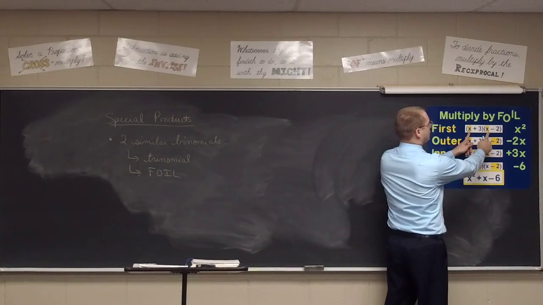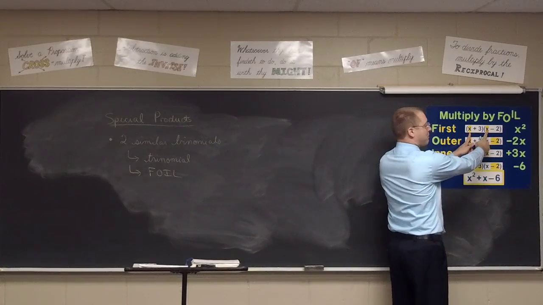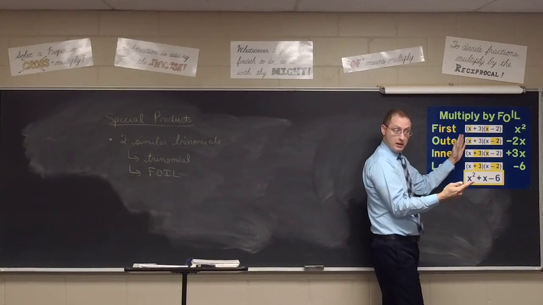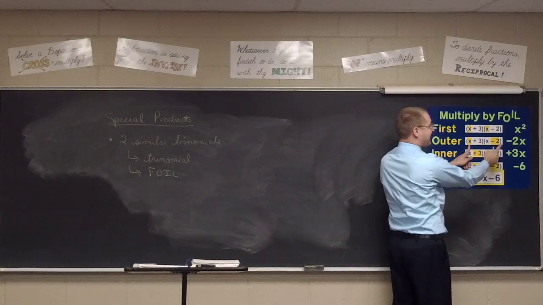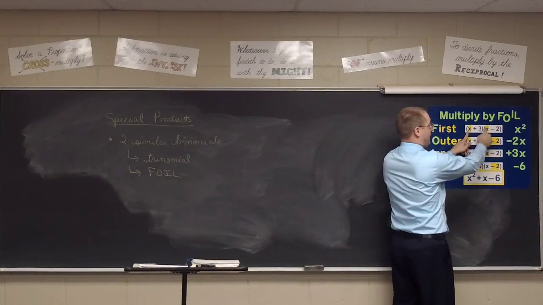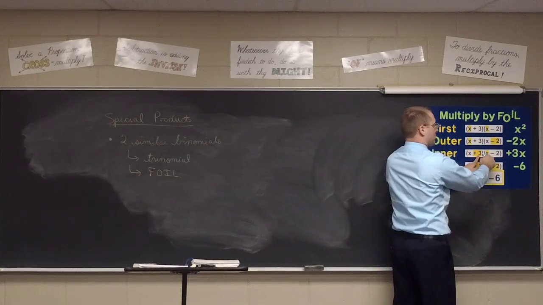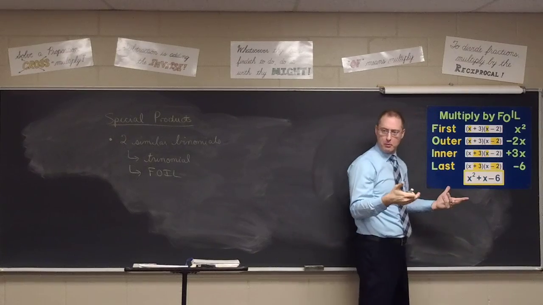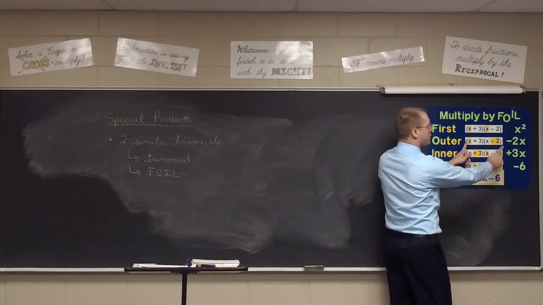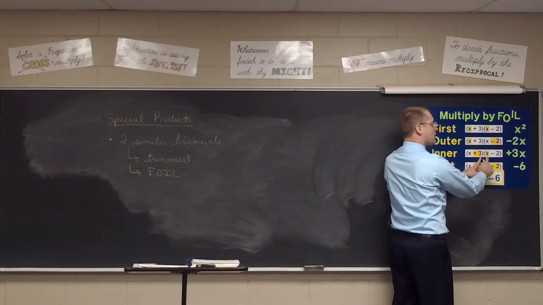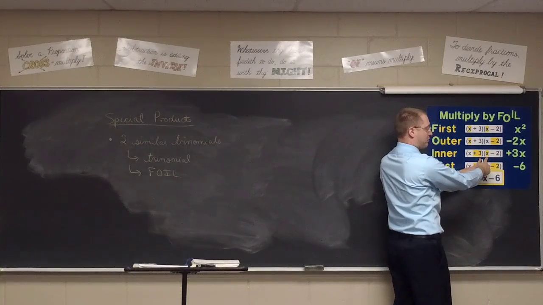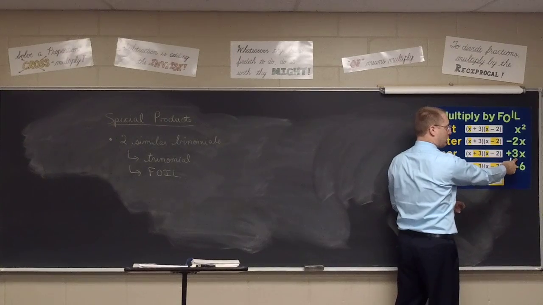Well, we start by multiplying the first 2 terms together. That's what we would do normally if we double distributed anyway. Then we're going to get our outer terms. Well, that's the next thing we would do if we were double distributing, right? You distribute the x and you distribute the 3. So this is really a form of double distribution. But with your outers, it'll produce a negative 2x, and the inners, which would be the next thing in double distribution, produces a like term.